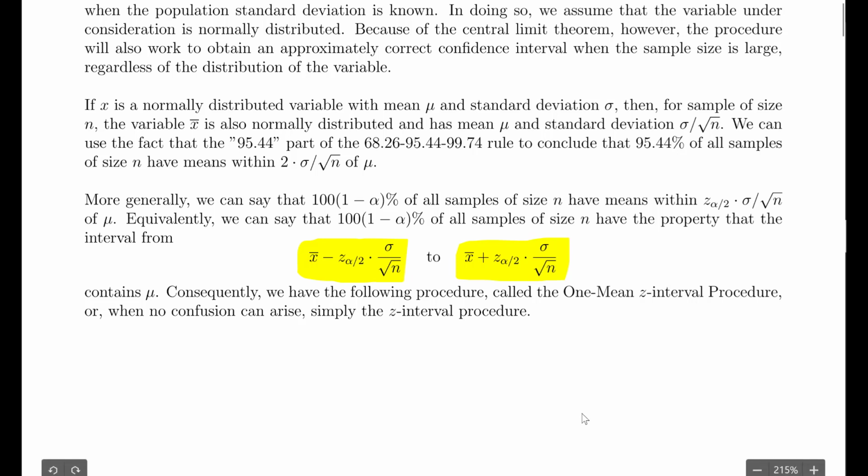Sigma is our population standard deviation. n is our sample size. And x bar is the sample mean.